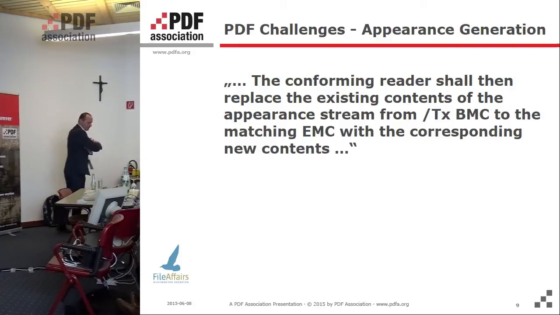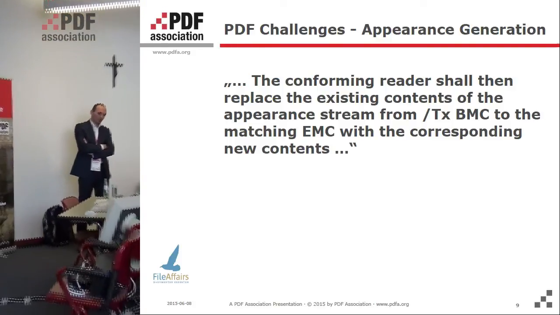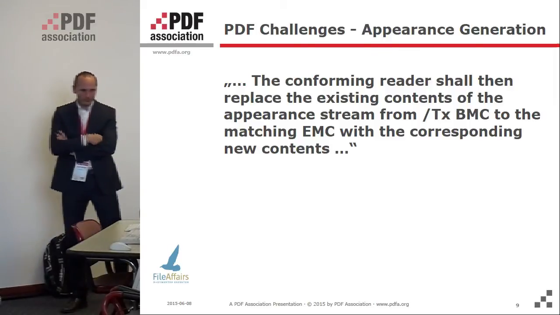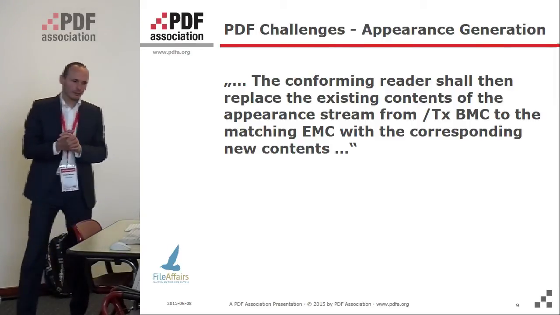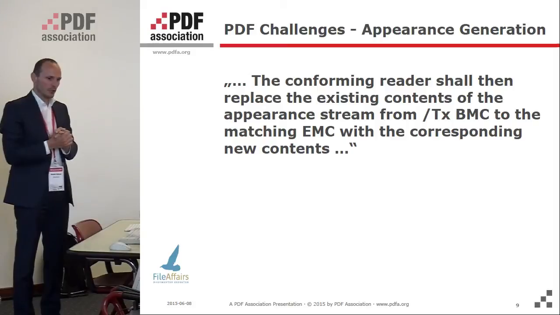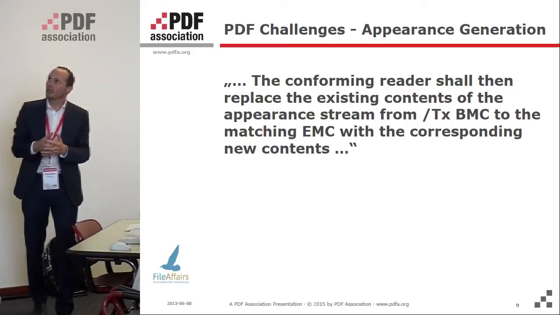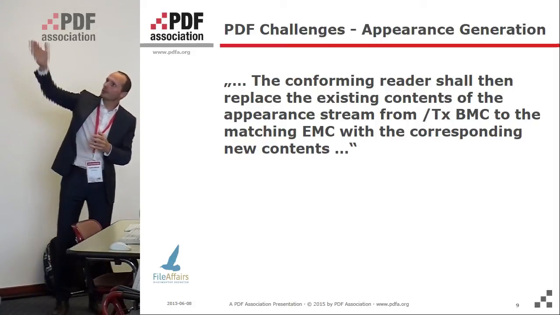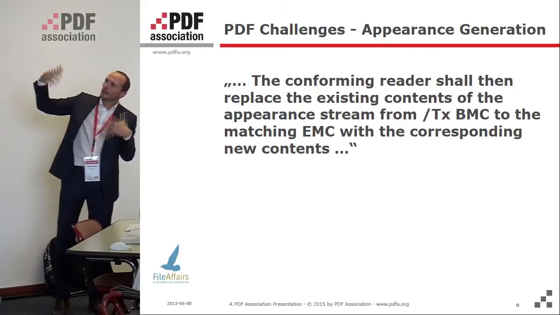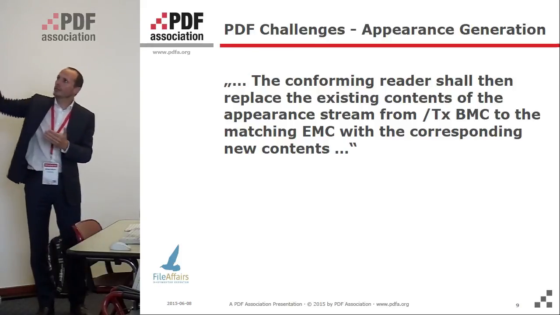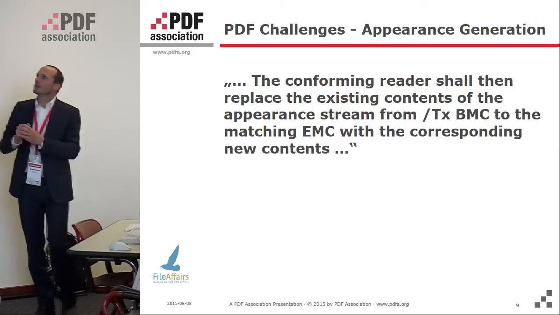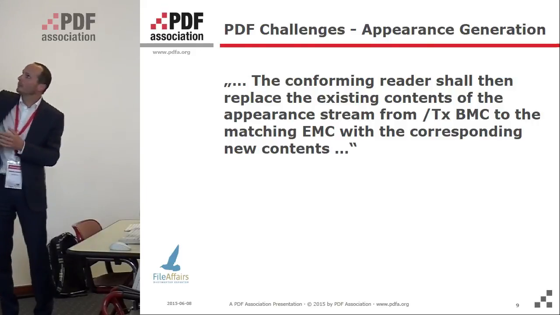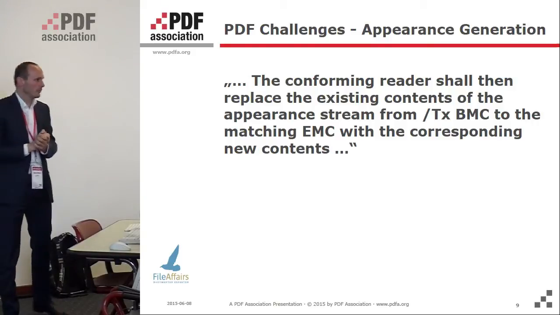So what does the specification say about how to deal with that situation? There's a lot of information around generating the appearance stream. For example, the conforming reader shall then, if there's some text, replace the existing contents with the appearance stream from begin marked content to matching end marked content.